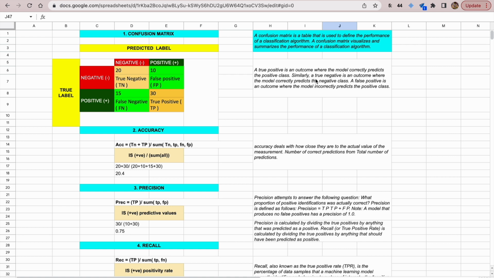The false positive is where the outcome of the model is predicted incorrectly and the output was positive. The false negative and the true positive give you the right answer, whereas the false positive and the false negative tell you the wrong answer.